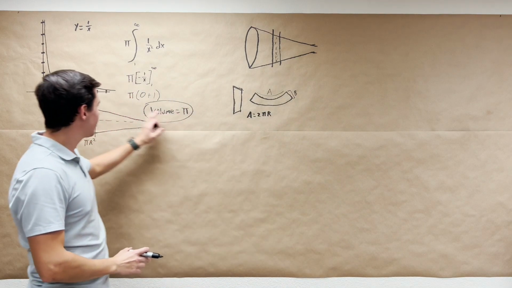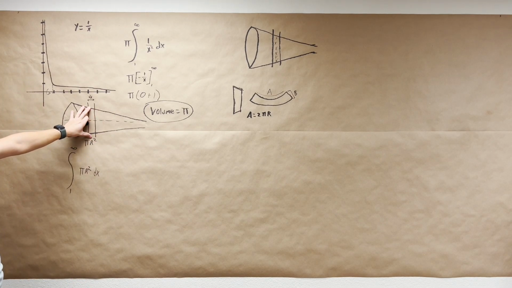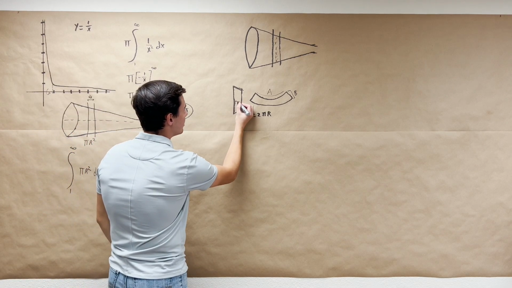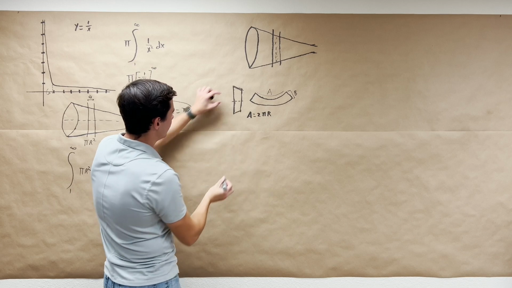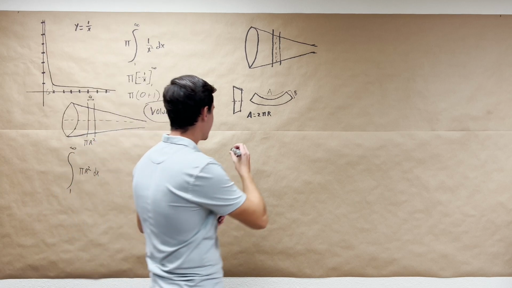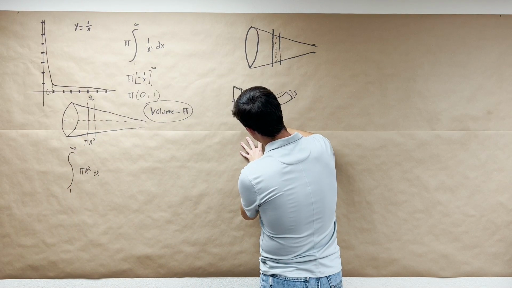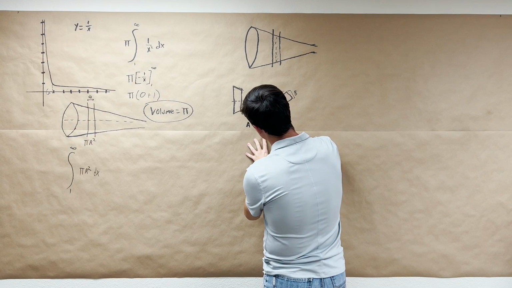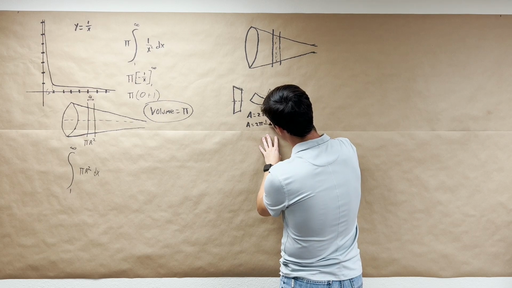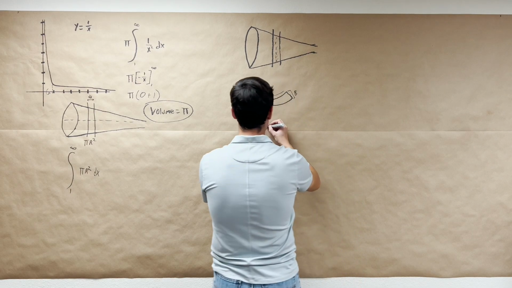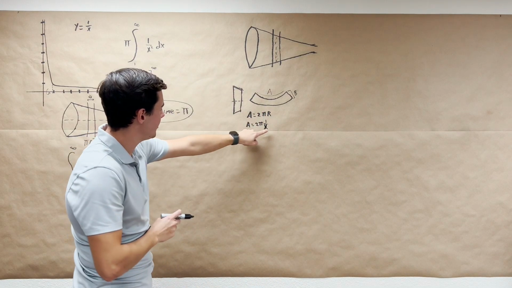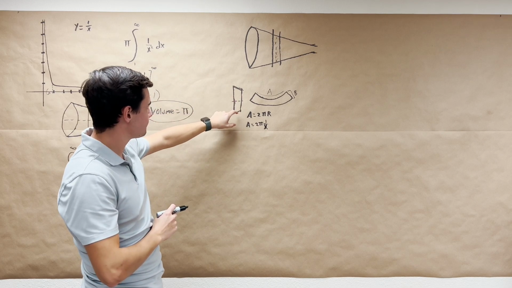And we know from our previous steps here that our radius is defined by our initial function 1 over x. So we get A is equal to 2 pi times 1 over x, because like we said, this is our initial function which defines our radius.